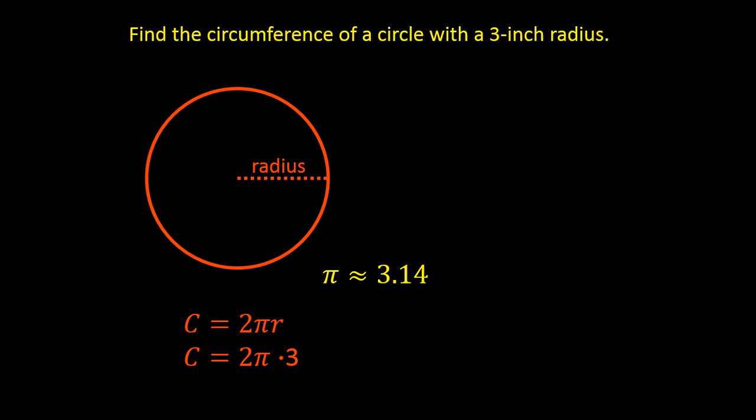Since the radius is 3 inches, we can find the circumference by taking 2 times pi times 3, which is 6 pi inches because we're measuring our radius in inches. 6 pi inches is the exact value for circumference. If we want a decimal approximation, we'll simply multiply 6 times 3.14 to get approximately 18.84 inches.